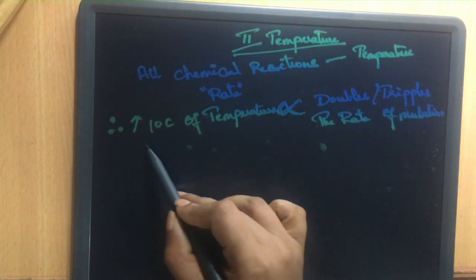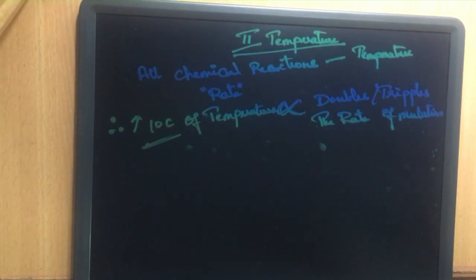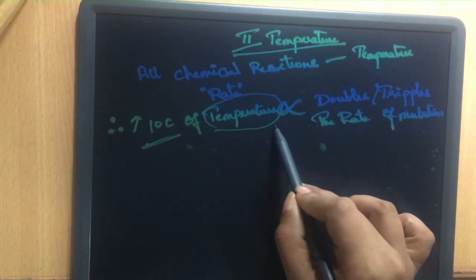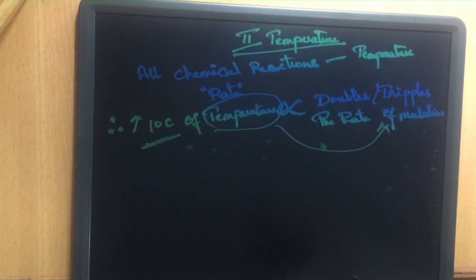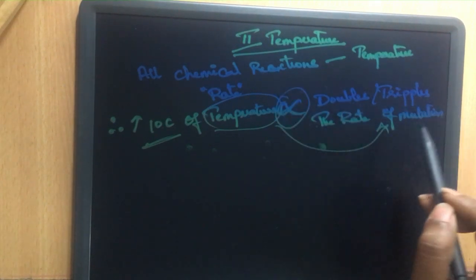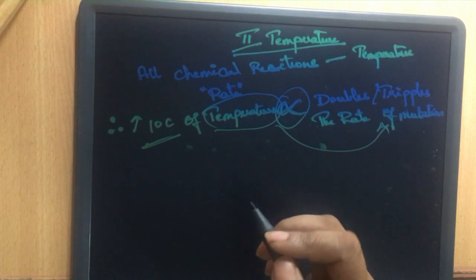That means a 10 degrees rise in temperature can double or triple the rate at which mutation is occurring. So this is the effect of temperature on the rate of mutation. It is directly proportional. It can directly increase the rate of mutation.